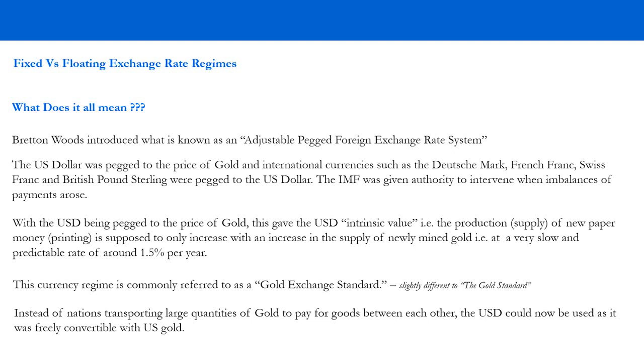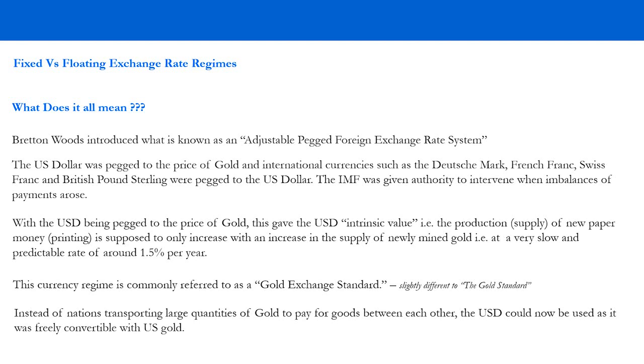Well, Bretton Woods basically introduced what is known overall in economics as an adjustable pegged foreign exchange rate system. So what happened was the US dollar was pegged to the price of gold, and then in turn, international currencies, like the Deutschmark, the French franc, the Swiss franc, and the British pound, were pegged to the US dollar.